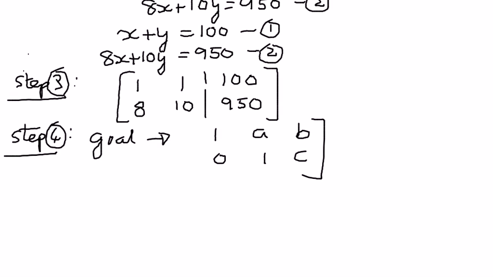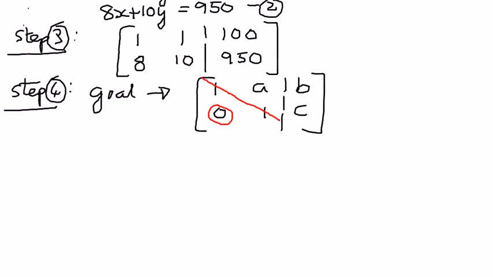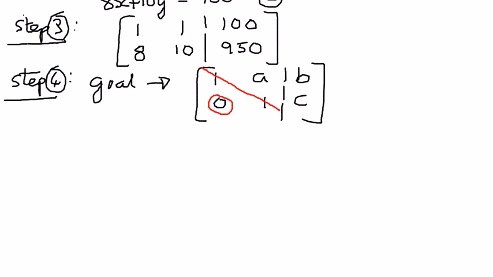We want an augmented matrix in this format, where the diagonals are equal to 1, and the elements below the diagonal are equal to 0. So we will now go ahead and solve this augmented matrix. We'll call that step number 5.